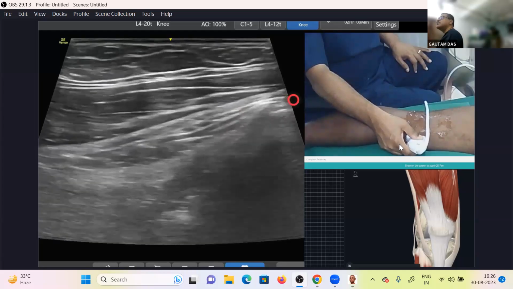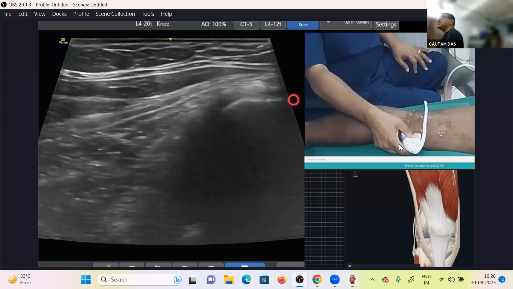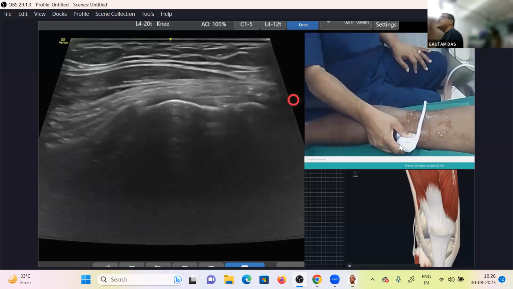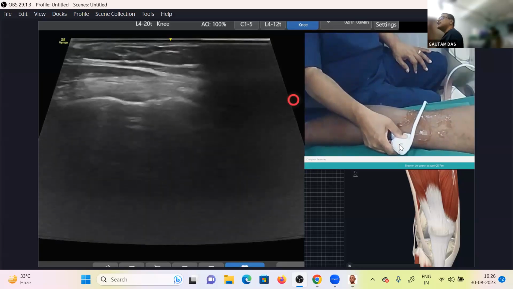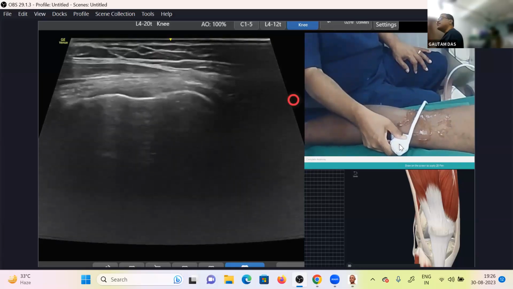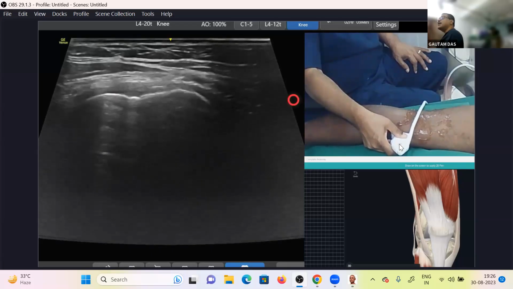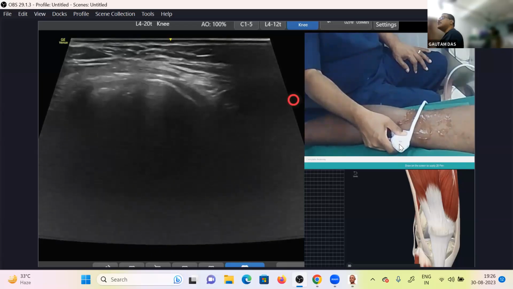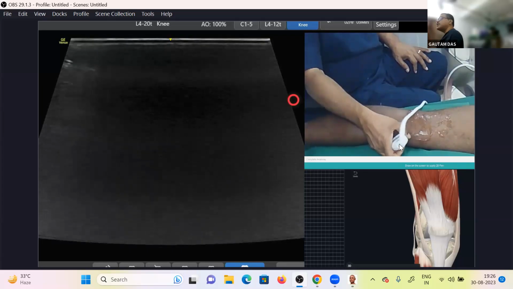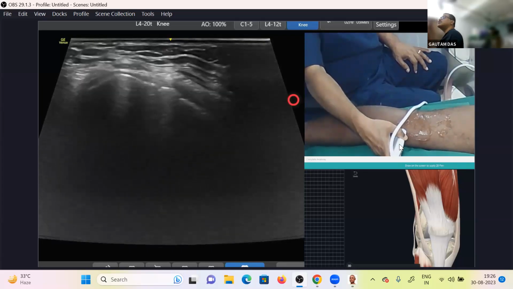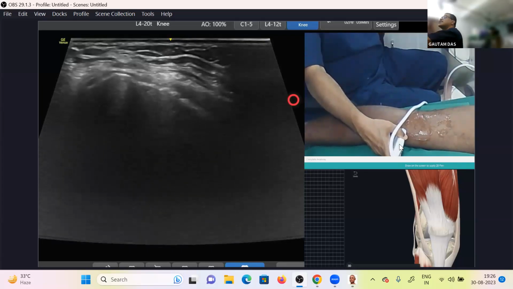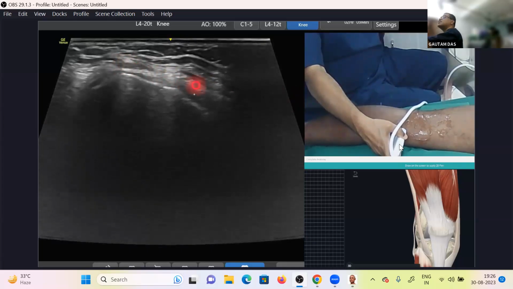See what is happening? It is becoming tendinous, getting attached to the medial part of the tibia. And if I'm coming here, another tendon, gracilis and semitendinosus. And at this point, I already showed you, these are the 3 tendons. 1, 2, 3.